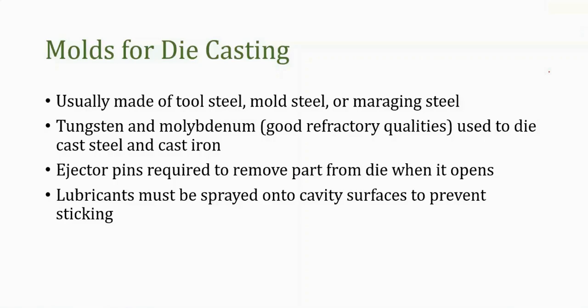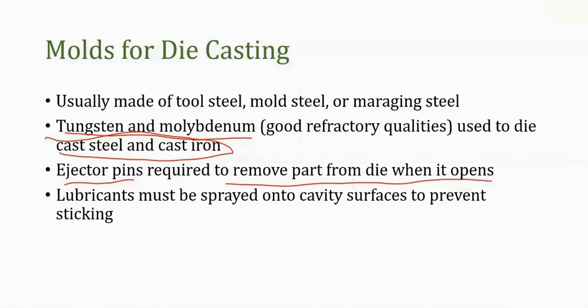If you want to make a part with cast steel or cast iron, that means the molten material is cast steel or cast iron, you have to use tungsten or molybdenum as the die material. The ejector pin is always required to remove the part when the die is open.